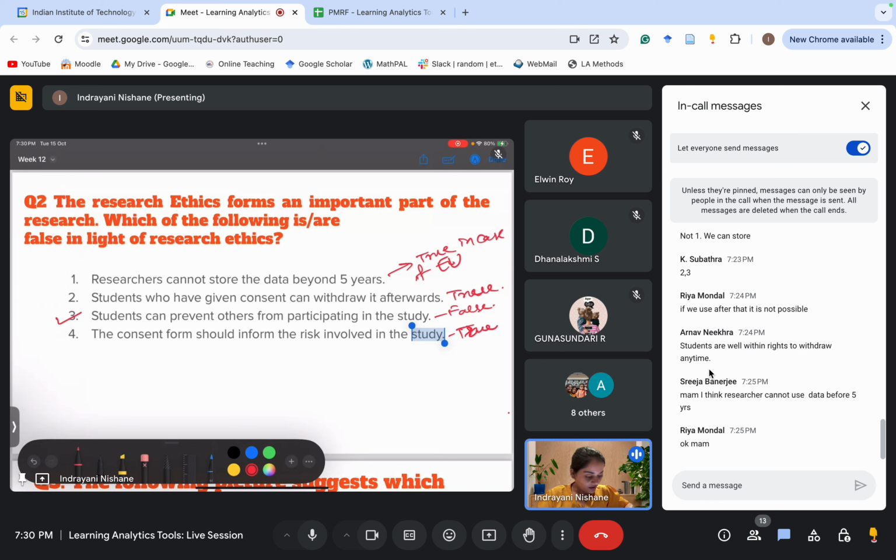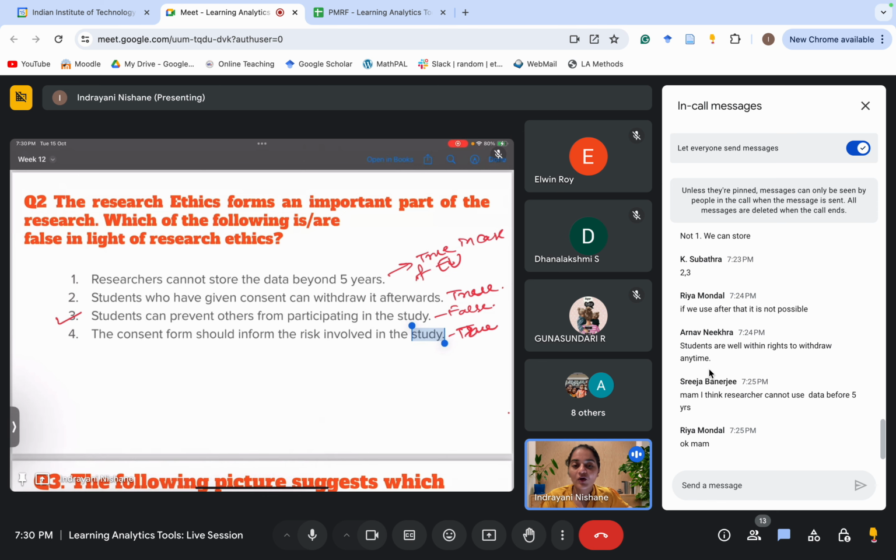So we are not supposed to store that data for a longer time with us, and we are supposed to delete that data. We can't store it beyond a certain time limit. That's what the European Union says, because then the risk with that data gets higher. Once that data becomes older, it may be hacked or intercepted by somebody, and all the students' sensitive information will be out in the public domain, which is not desirable.